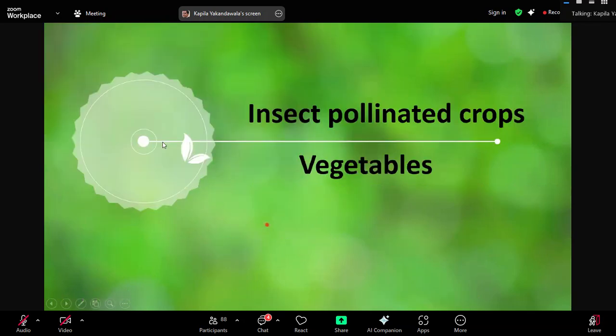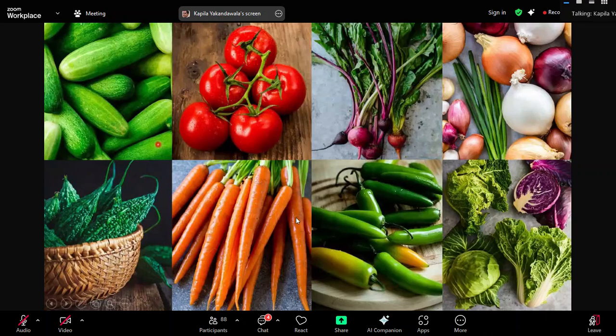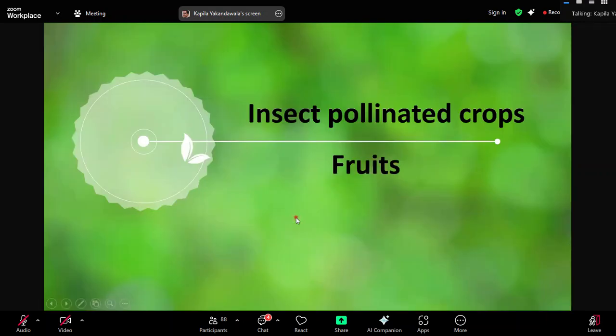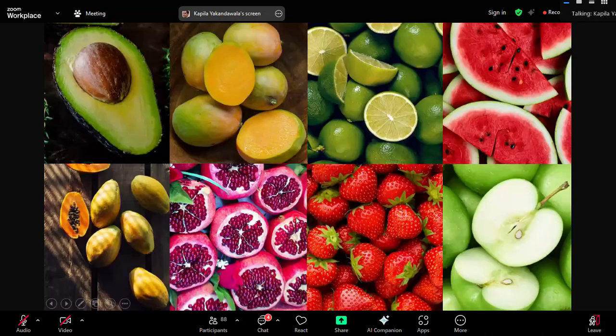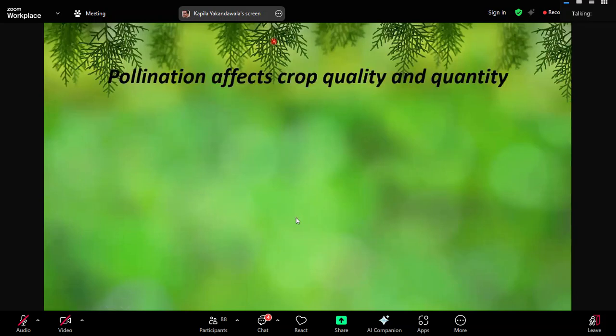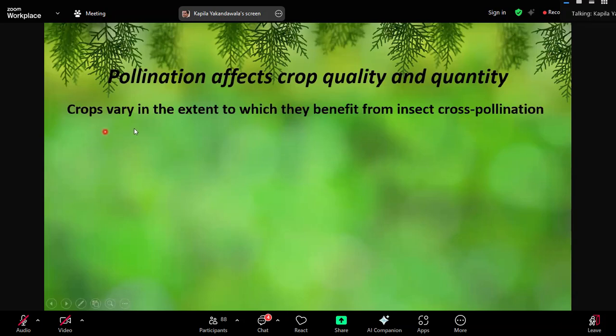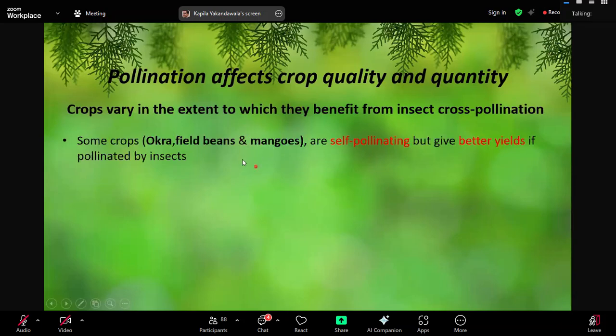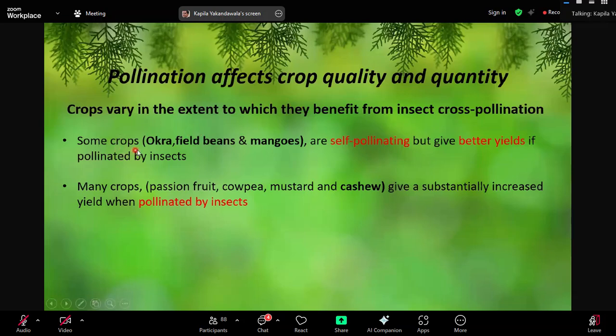So this list is given in the book. Some vegetables, some fruit crops are pollinated by insects. Crop pollination affects not only the quality of the fruit, but also the quantity. As an example, crops like okra and mangoes are self-pollinating.